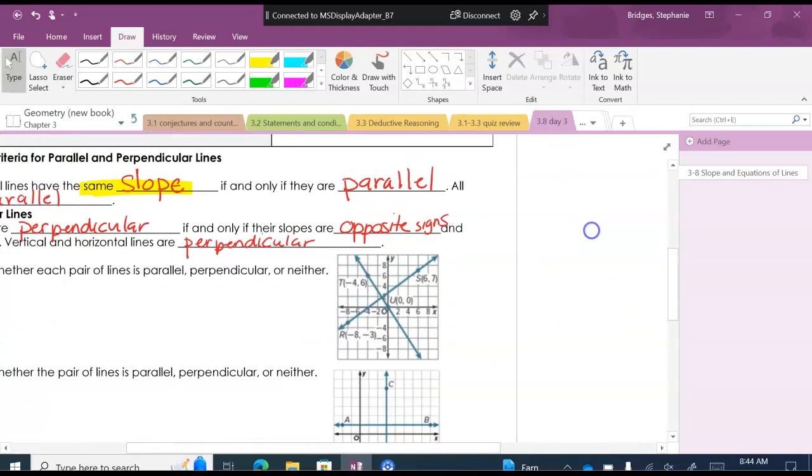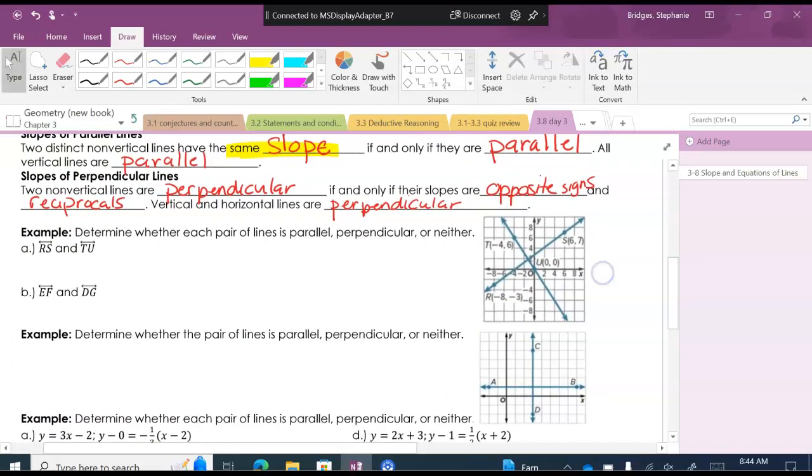All right. Now, we are supposed to determine if these lines are parallel, perpendicular, or neither. So we're going to start with line RS. Does everybody see line RS in your picture? We are given two ordered pairs, right? So we can either use the formula, or how else could we do it, which might be a little easier?